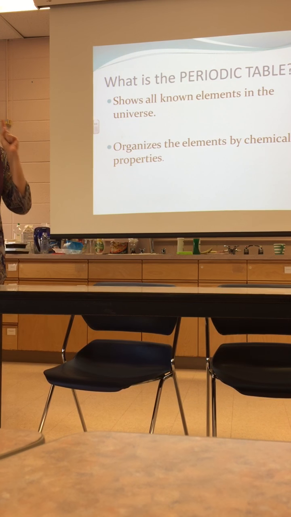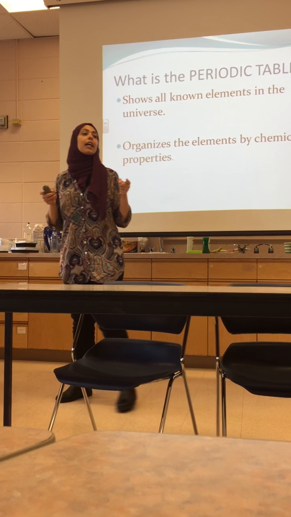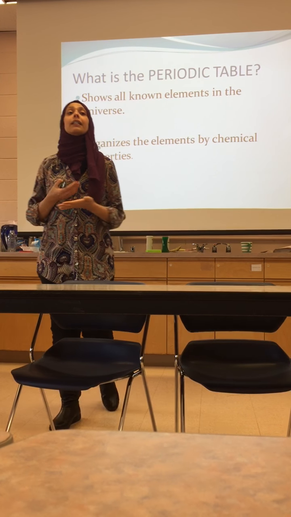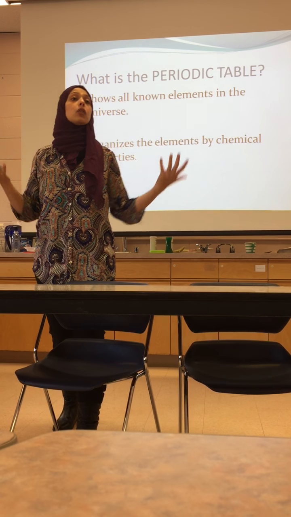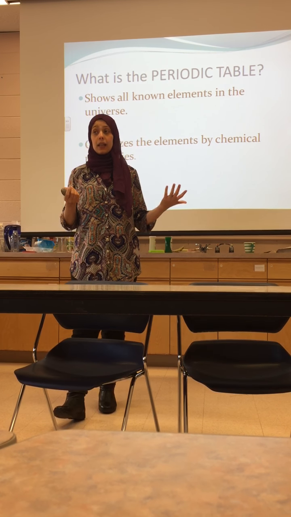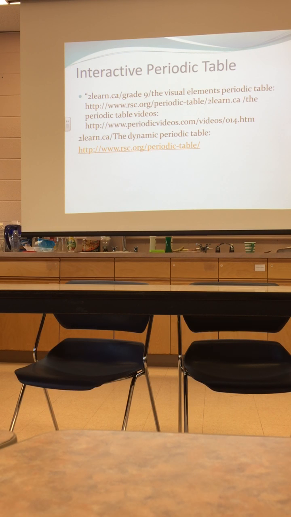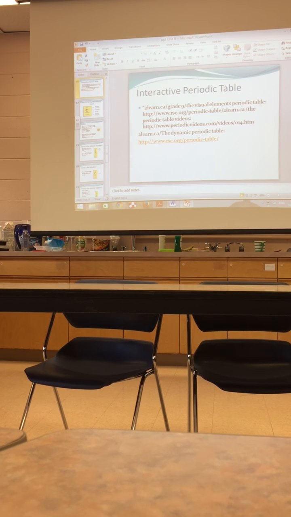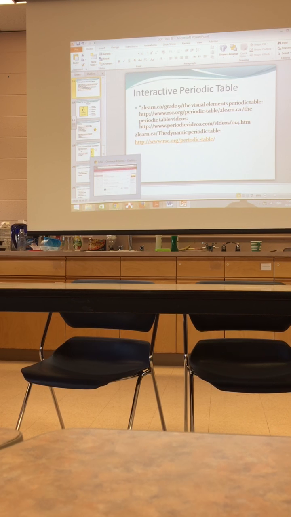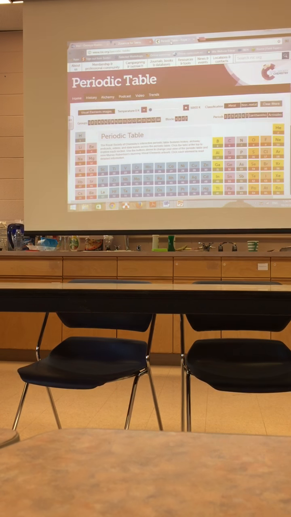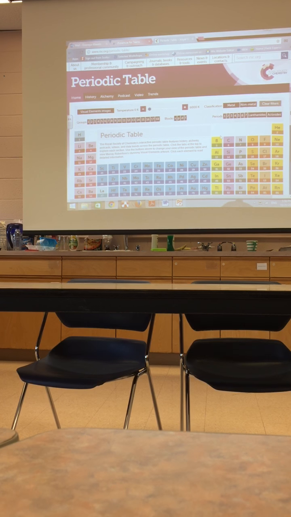So, as you knew from the activity that you just did, the periodic table is a kind of arrangement of the elements that we have. And here, we will have an interactive periodic table. There you go.